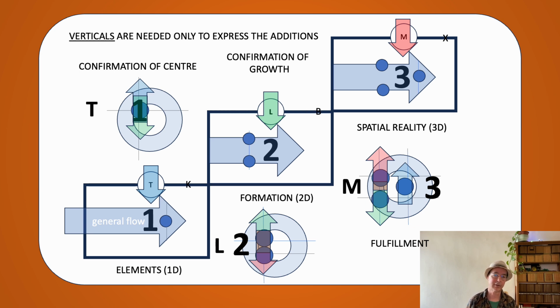The 2nd level is about the formation process in the 2 dimensions. What's the middle part? The L. There you need not just 1 point, but 2 points, and also in the vertical. So something is added, something is not added yet. So you add up what works, and how can you show that?